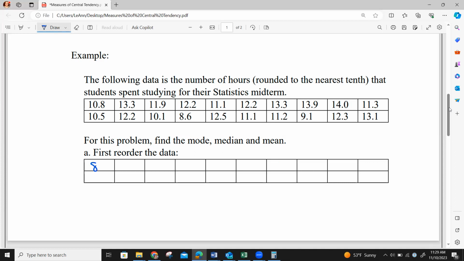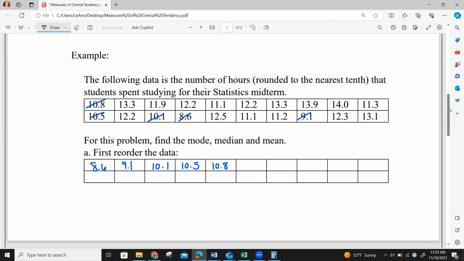The lowest value in this set is 8.6. I'm going to mark that off. Then the next highest value is 9.1. Then I believe we have 10.1. We don't have a 10.2. We have a 10.5. We have 10.8.